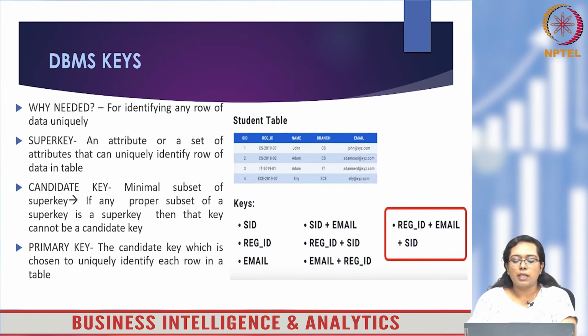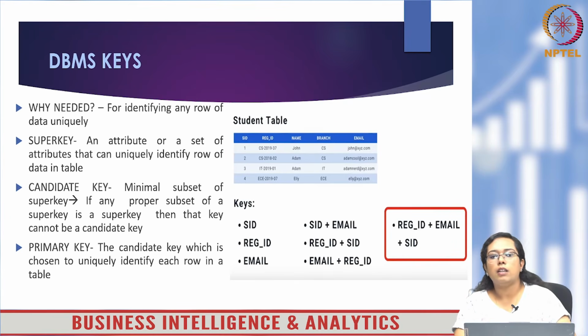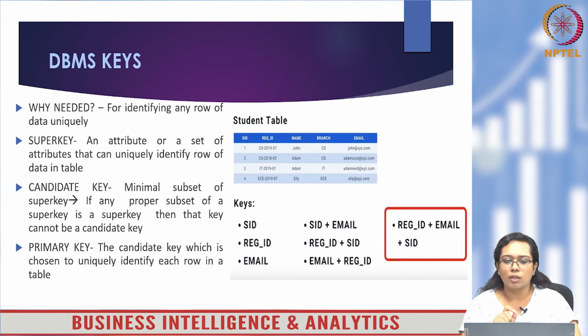So what is a primary key? We have discussed what a candidate key is, which is a minimal subset. We are just taking those attributes that we need to uniquely identify. There are multiple candidate keys. For example, student ID is a candidate key, and registration ID is a candidate key. You would choose one attribute that you want as the primary key.